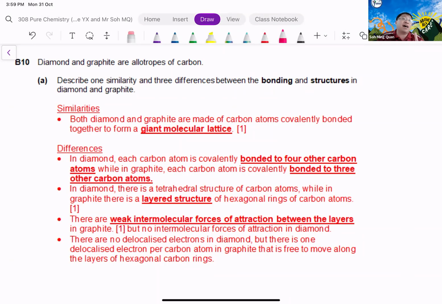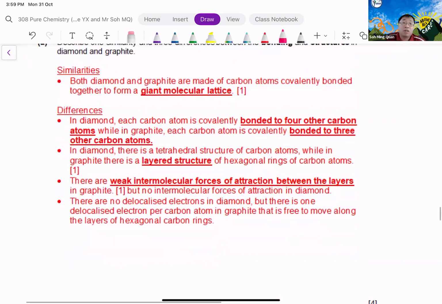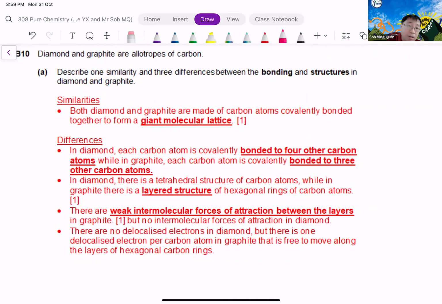If you didn't score 8 out of 8 for B10, it means that you need to revise more thoroughly, particularly diamond and graphite. Okay? Now, I'm not going to belabor the point. Later on, you can also go back to the OneNote to take these answers down. But as you can see, it is a good 4 marks. So being able to do this well is important.